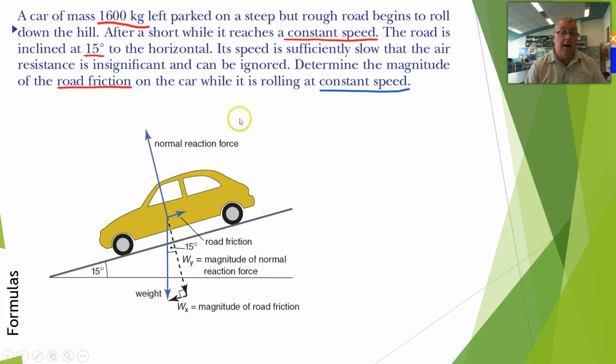Now in this case the car is travelling at constant velocity, and so the road friction is balanced by all the other forces, and so it's not accelerating. Now, what would it look like if it was accelerating? Well, you would have to have a component out here that would be causing the car to accelerate.